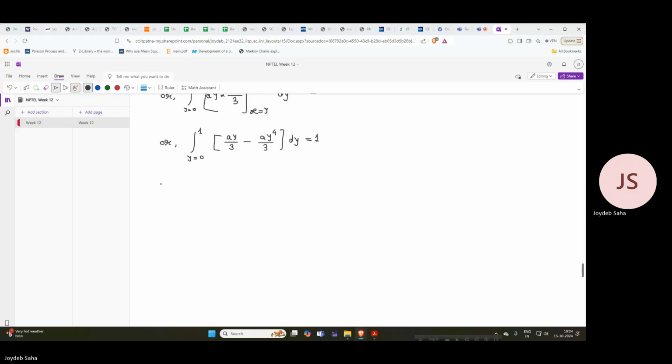Okay. Now integrate it with respect to y. Then this is a y square upon 6 minus a y to the power 5 upon 5 cross 3, 15, and limit is y is equal to 0 to 1.